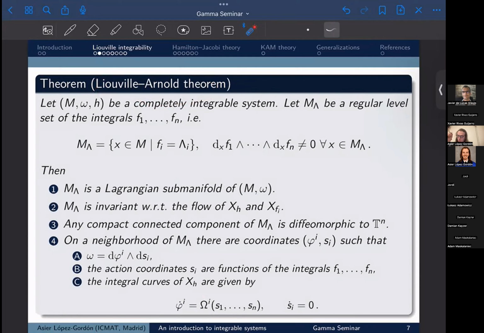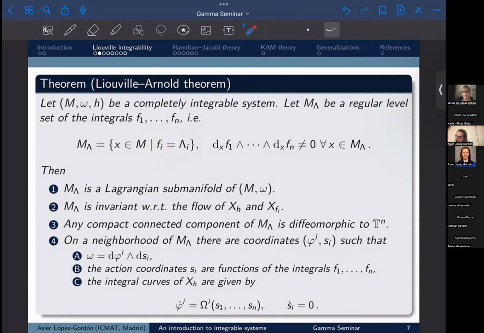We have a completely integrable system (M, omega, H), and we consider a regular level set of the integrals. That is, we have a subset of the manifold in which we fix the values of the integral functions.